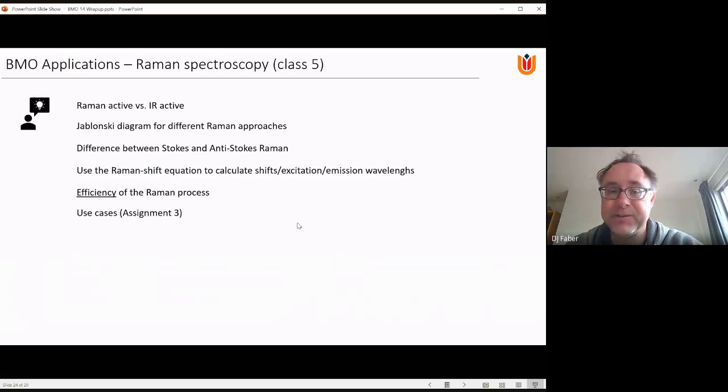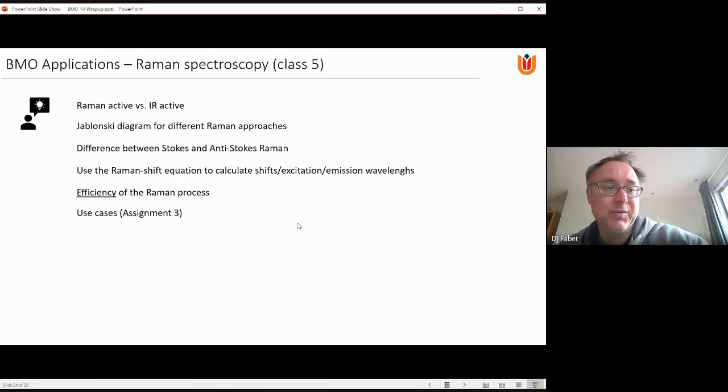So the difference in terms of Jablonski diagram, but also in terms of what actually happens in the molecule. I'd like you to use what I'll just call the Raman shift equation. I'm not sure what the correct term is, but that equation that allows you to calculate a Raman shift or an excitation wavelength or an emission wavelength, if you know the other two.